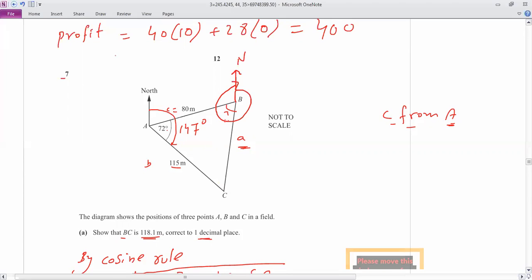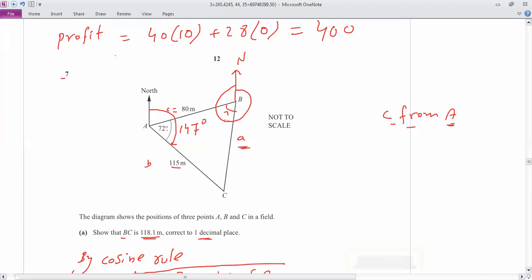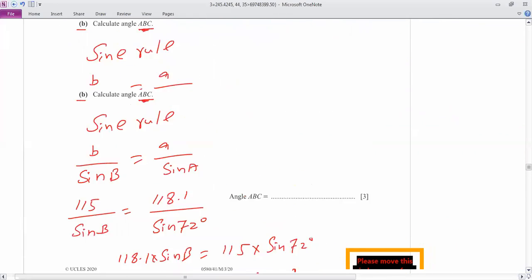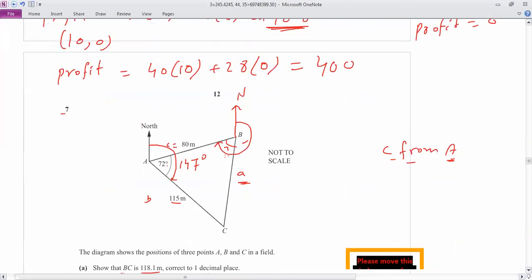Angle with the line in the clockwise direction. I need to find this angle. Okay, to find this angle, I need to find this angle. This already I have. We found it right now. Angle B, which we found is 67.8. We have this one, 67.8.